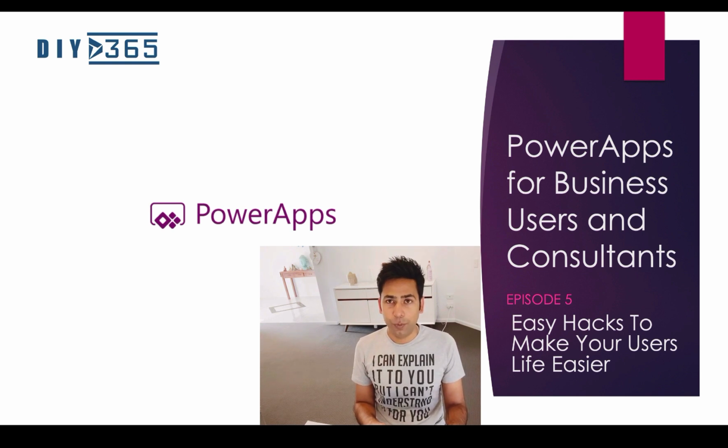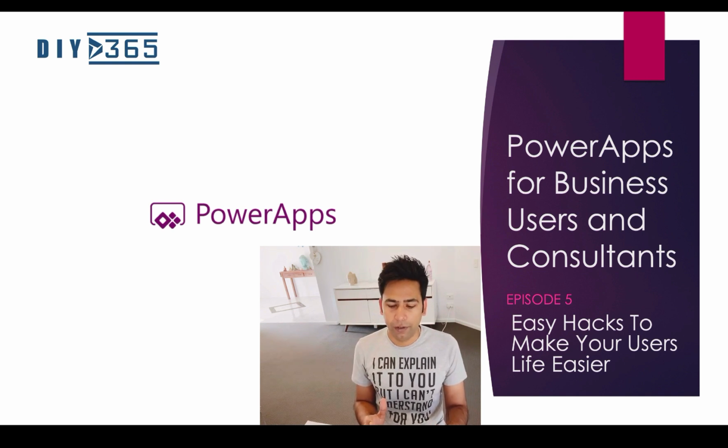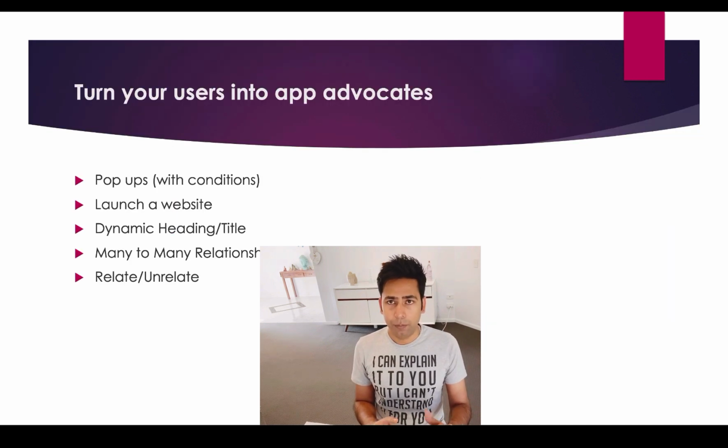In this episode, we will talk about some easy hacks which will make yours and your users' life much easier. So let's have a quick look. I'm talking about pop-ups which will have conditions. We'll talk about how to launch another website or an app.